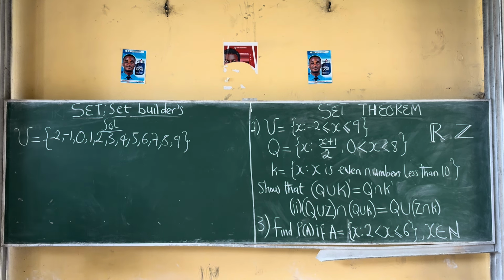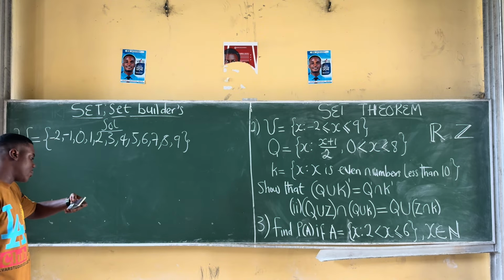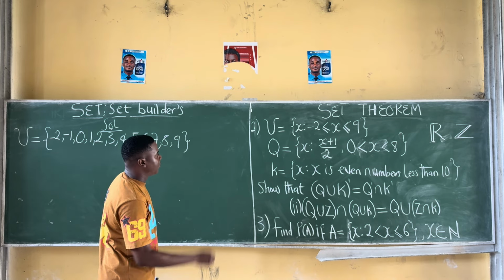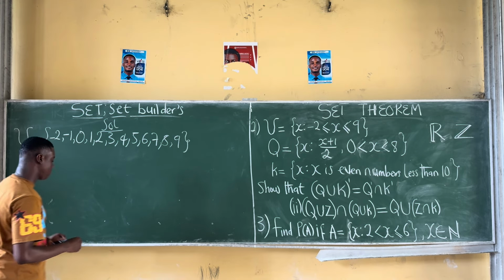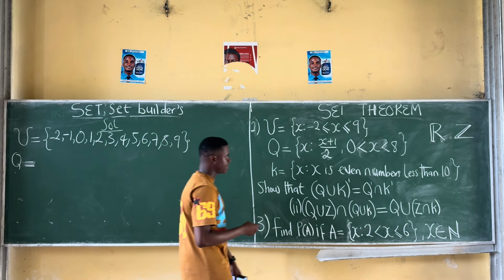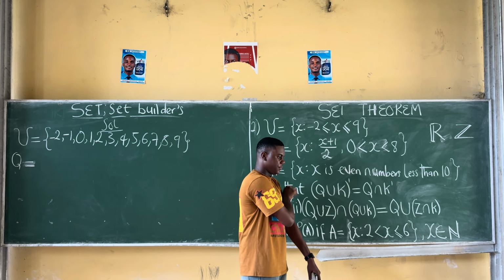Alright, so now we are getting our values for U. Now what next? The next thing we need to get here are our values for Q. Let's get our values for Q. Now, there's something peculiar about Q. Q says Q is equal to X, such that X is X plus 1 over 2.